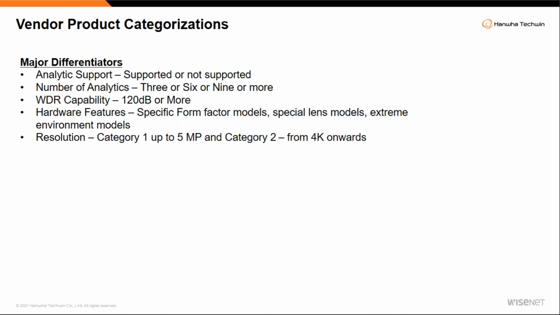That's my point. You might have a basic camera with 4 megapixel or 8 megapixel, 4K, but that does not mean the camera is high end. The high end is defined by the number of analytics, the WDR capability, special lenses, the environmental protection. Those things must also be considered, not only resolution.